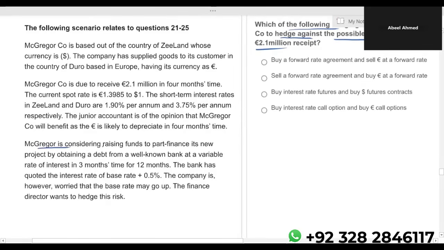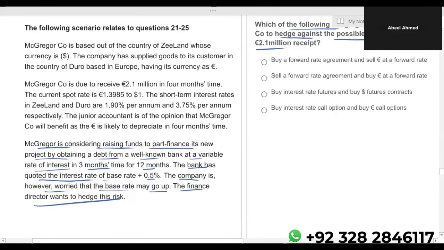McGeorge is considering raising funds to part finance his new project by obtaining a debt from a well-known bank at a variable interest rate. In 3 months' time, for 12 months, the bank quoted the interest rate of base rate plus 0.5%. The company is, however, worried that the base rate may go up.